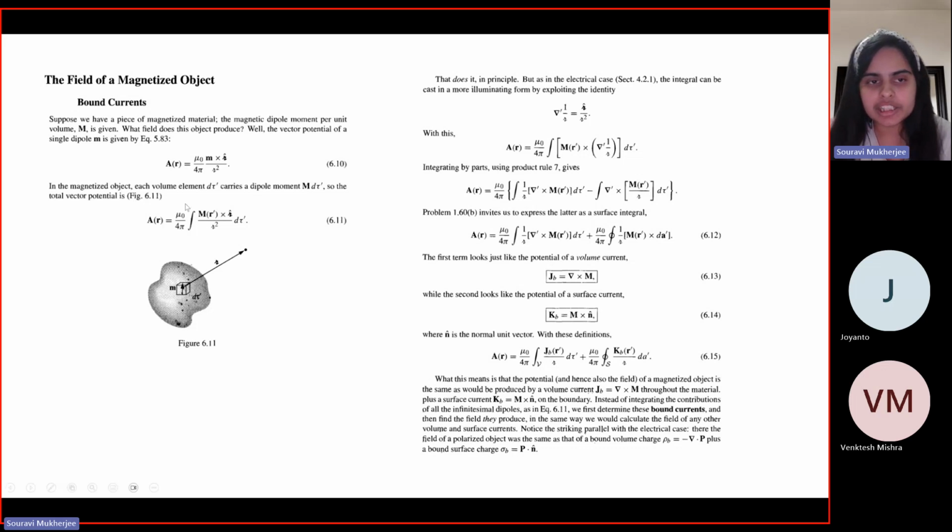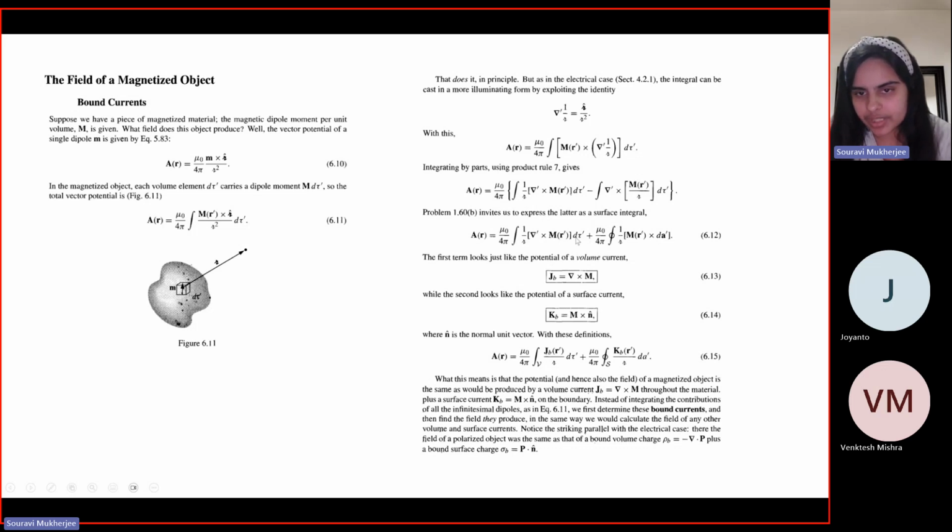These are very analogous to what we did for electrostatics. If you simplify this, you can rewrite it in a much simpler format using your vector calculus relations, and the interesting part is you get these two terms.